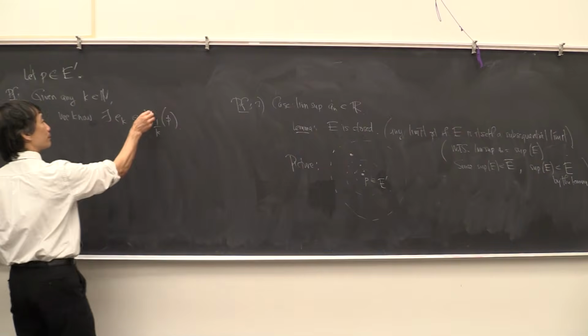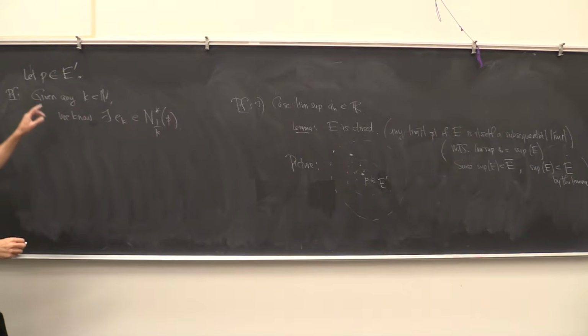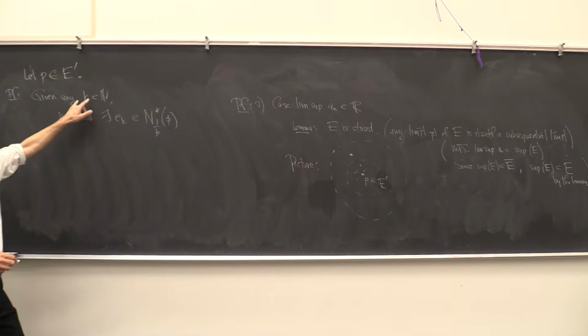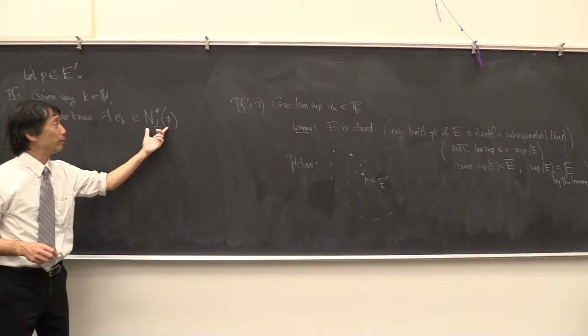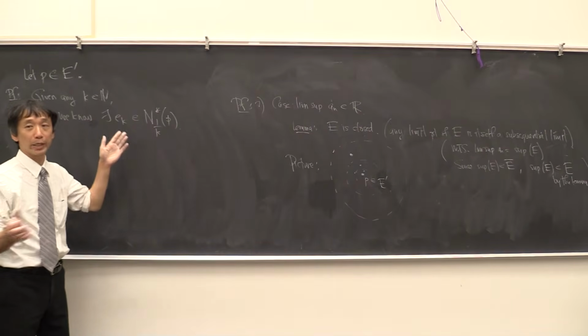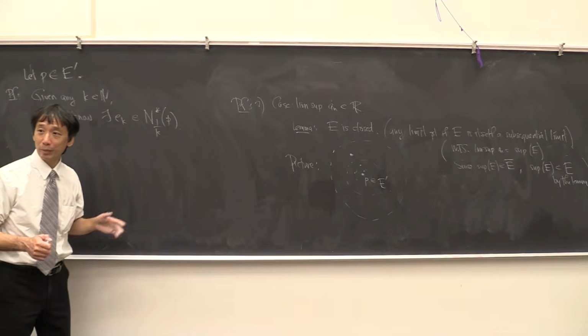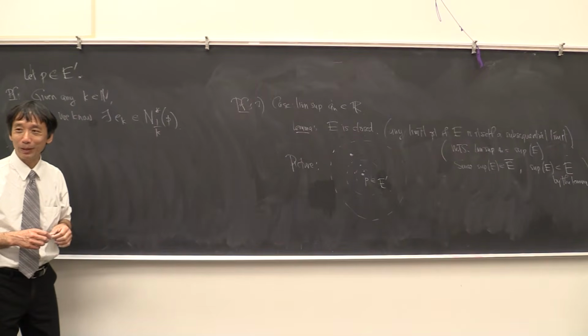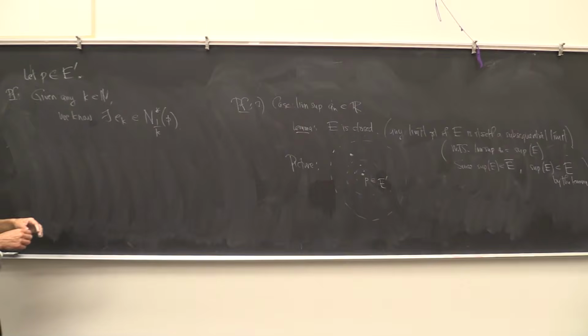Yeah, thank you. So choose somebody who's a limit point. We know that whatever punctured neighborhood we have, there's somebody inside there, and we choose them so that the punctured neighborhoods are shrinking.